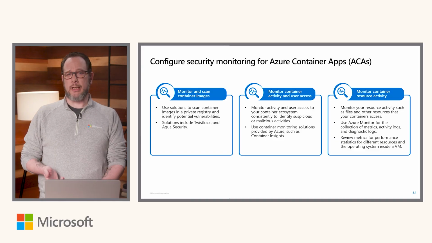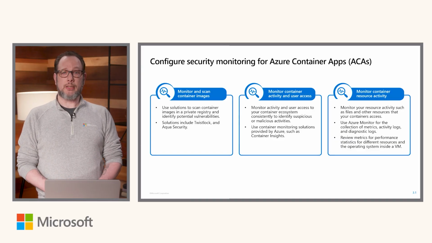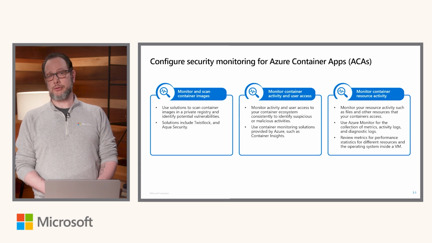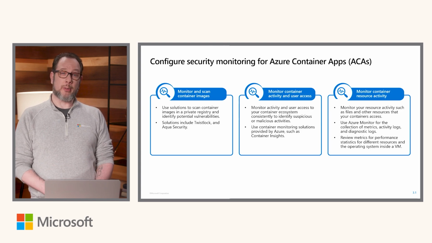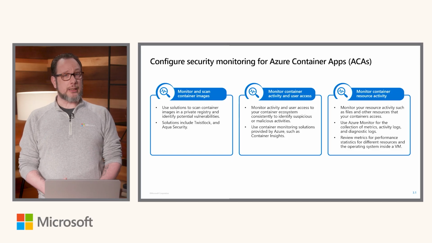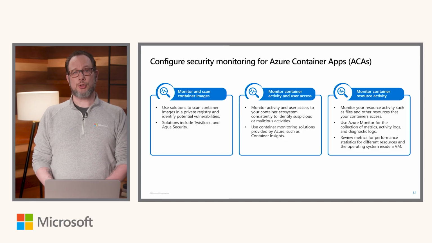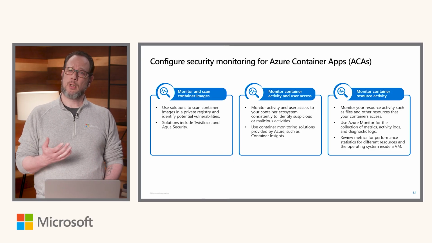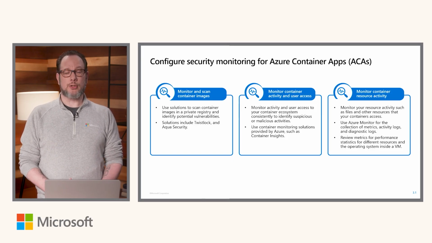Now we covered AKS, ACI, which means ACA or Azure Container Apps couldn't be left out from the list. Container Apps is basically running on top of AKS, but the infrastructure layer has been made transparent to you as the admin. Same as with ACI, just because you cannot manage that infrastructure layer yourself anymore, you should not neglect monitoring.